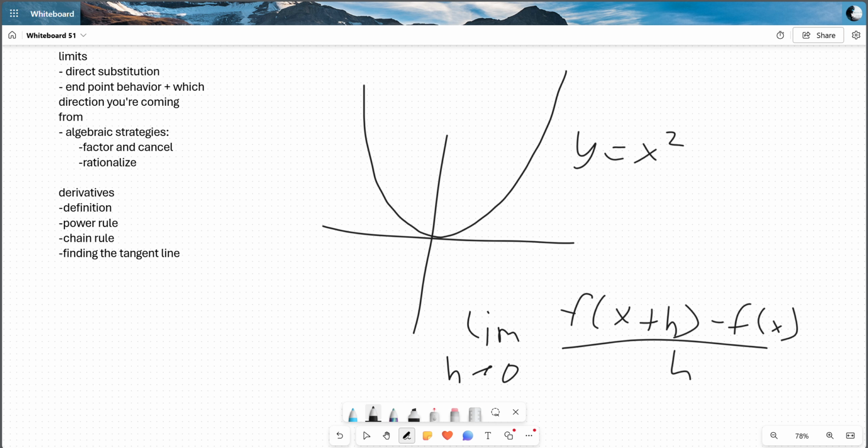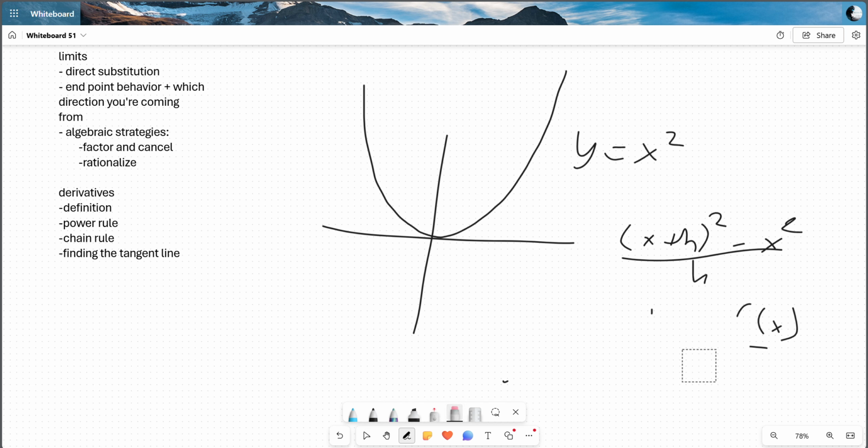So first we're just going to plug in x squared for f of x. Now we have x plus h whole squared minus x squared divided by h. We're going to continue simplifying this.